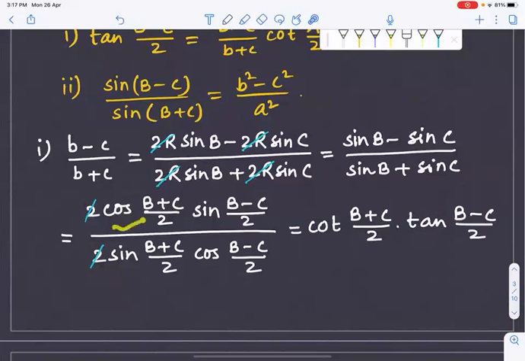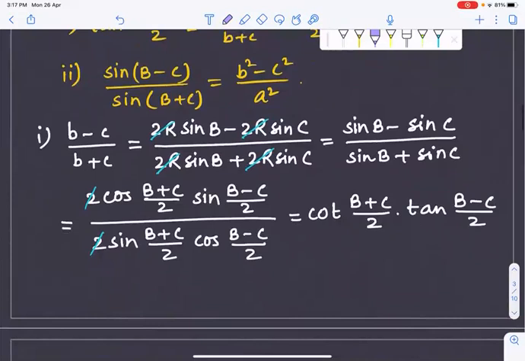Because cos theta by sine theta is cot theta and sine theta by cos theta is tan theta. Now what is (B plus C) by 2? We know that in any triangle, the sum of the angles A plus B plus C is 180 degrees or pi, right? So in place of B plus C, I can write pi minus A.